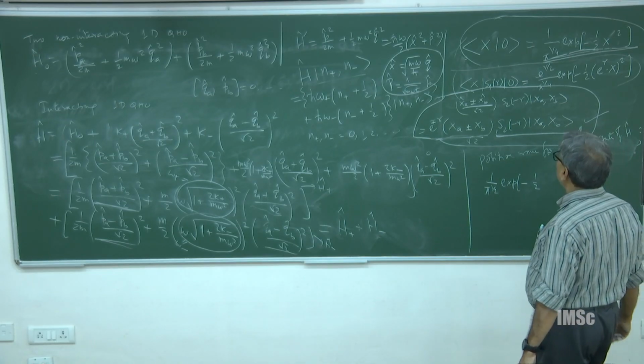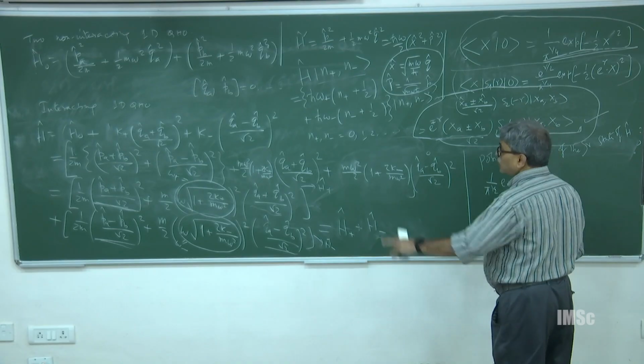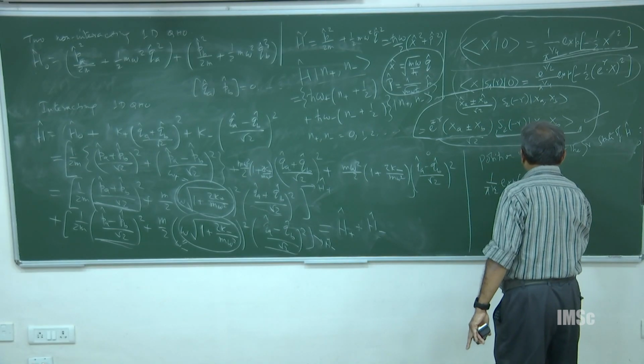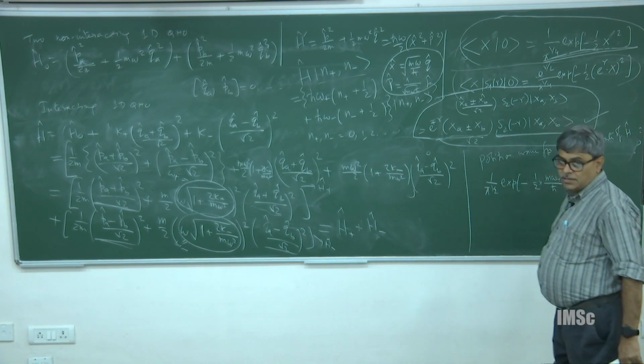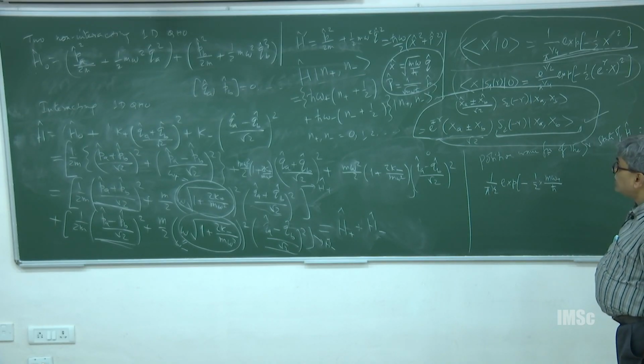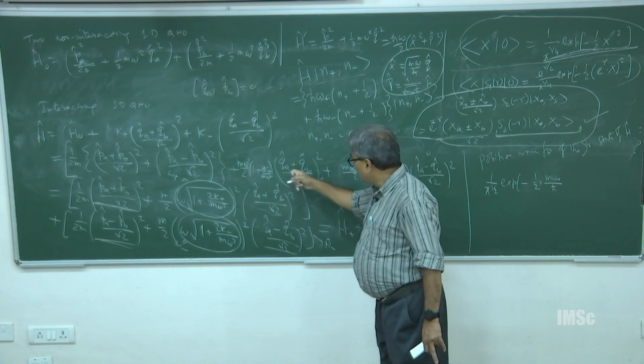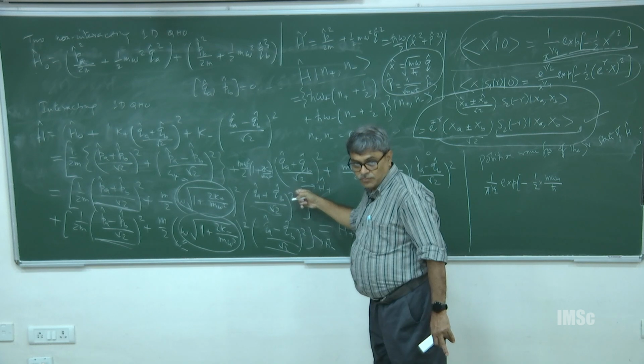I will write it as half m omega plus by h cut, and then x is here, this one: qa plus qb by root 2.